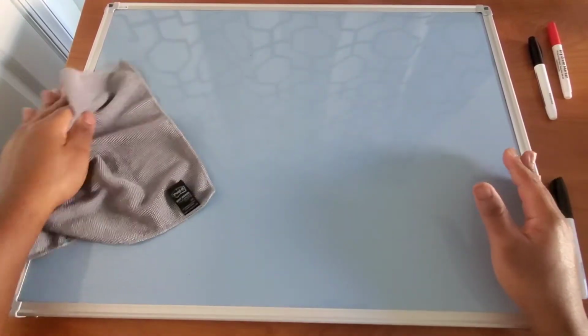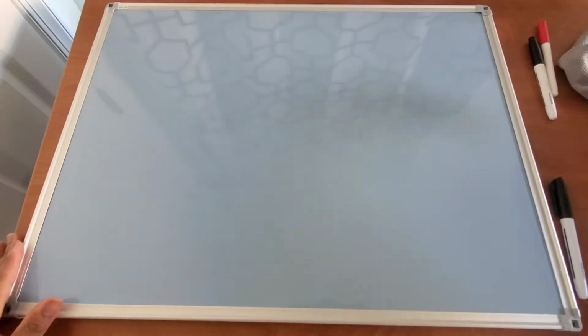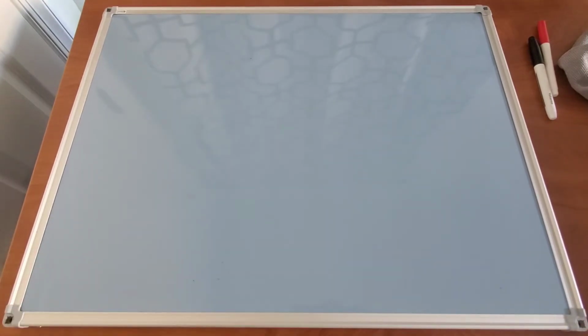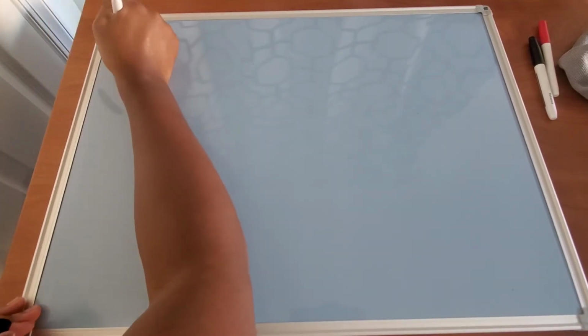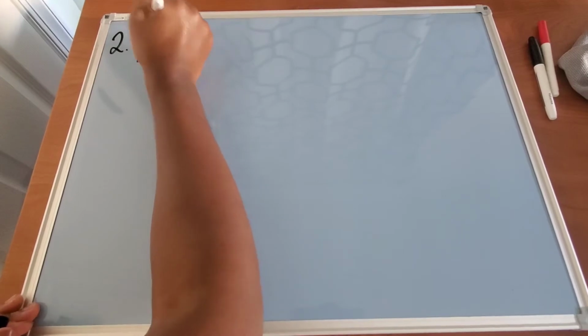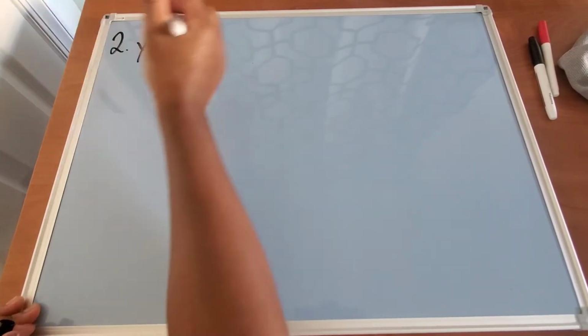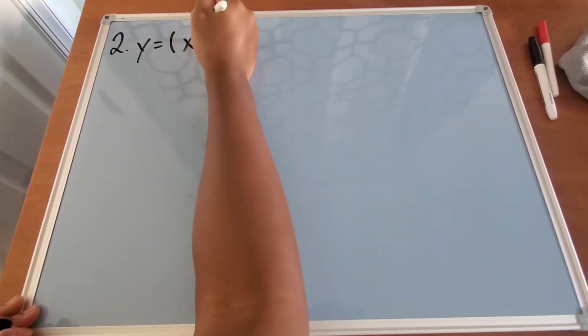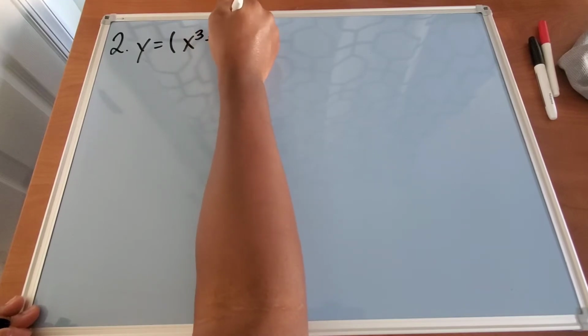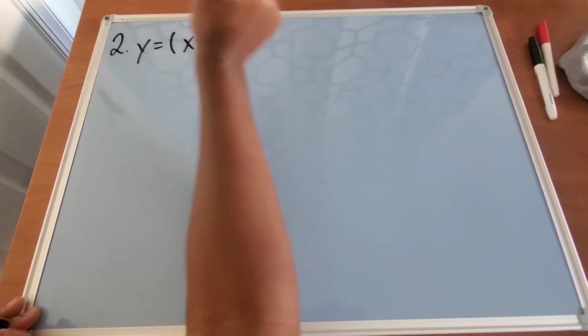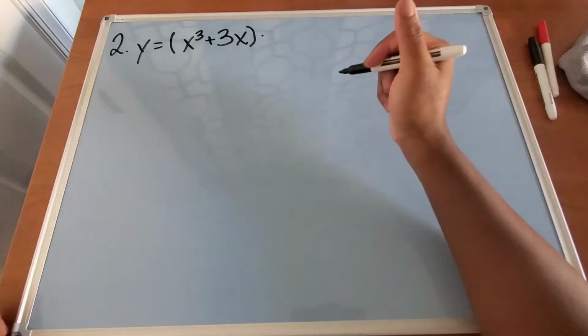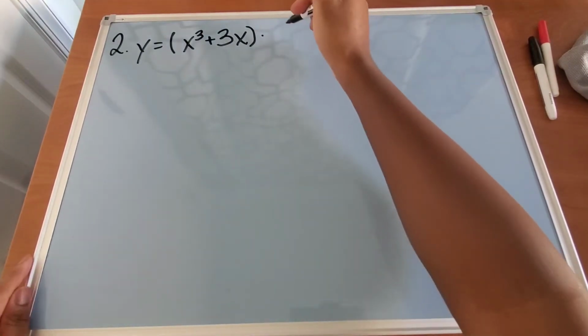So for question 2, we have y is equal to x cubed plus 3x times 2x squared plus 2x.